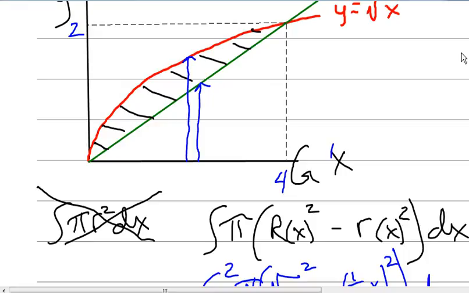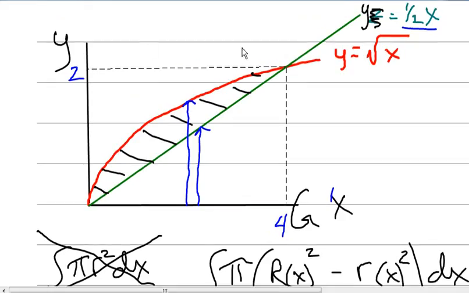Now, what if I had said just at the last second, oh no, we're not revolving around the x-axis. We're going to revolve from 0 to 2 on the y-axis. Oh. Well, we're going to have to rewrite our equations. Because now we're in terms of dy, because the thicknesses of our disk are going to be in this direction.